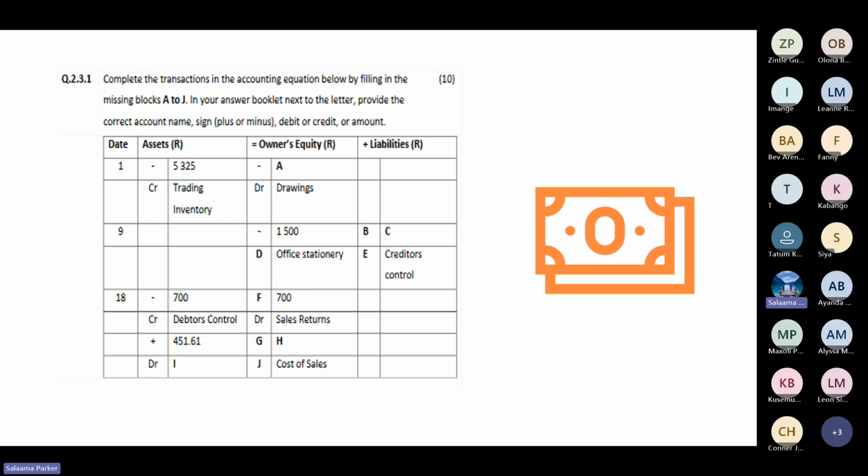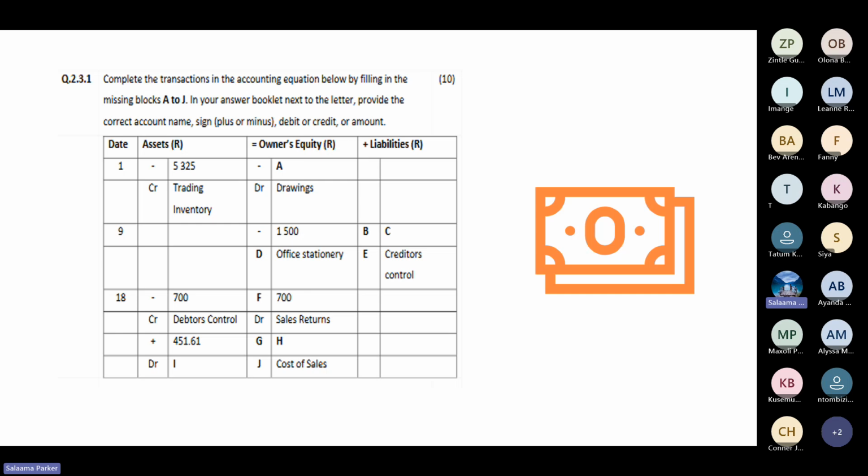The question was given in a different manner where you just needed to complete the missing blocks. Wherever you saw A, it means you needed to give an answer there, and then B, and C, and going forward.